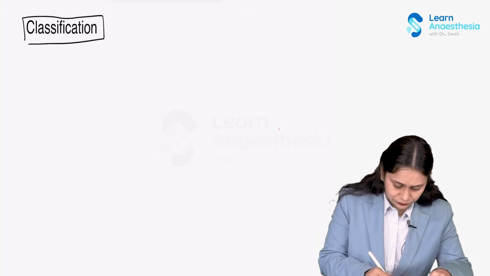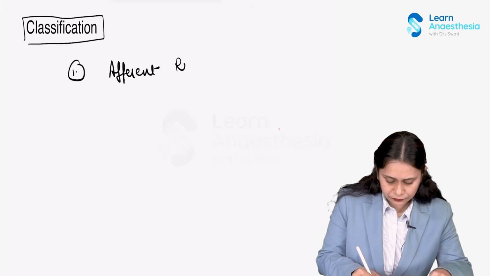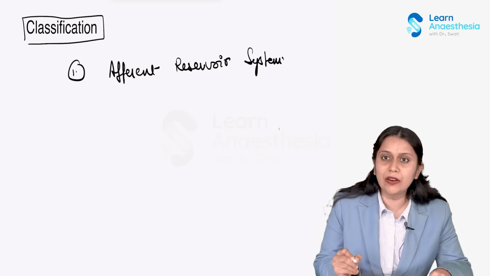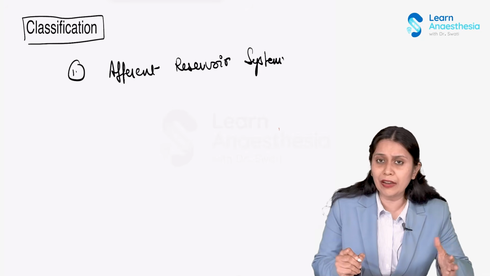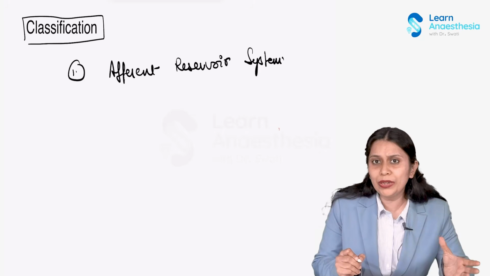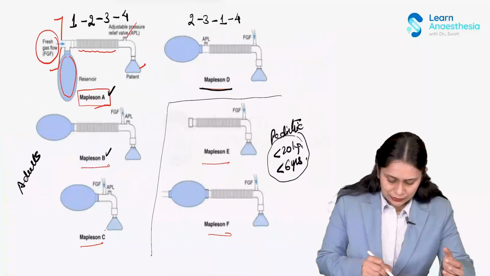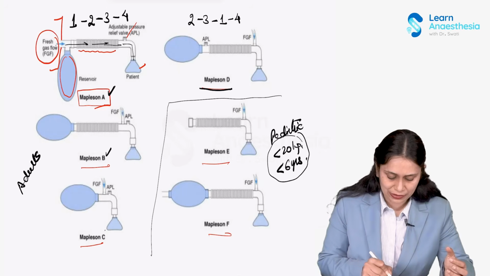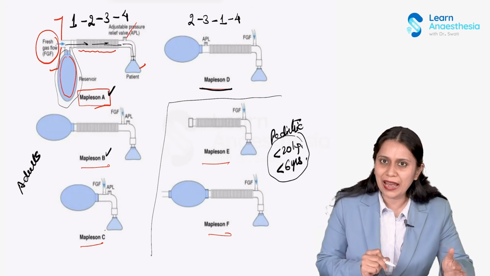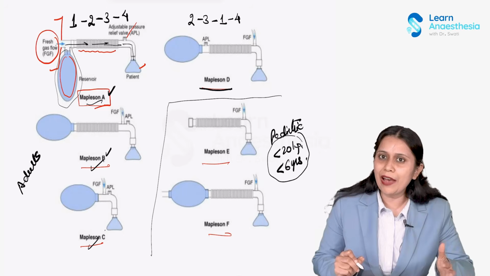The first is your afferent reservoir system. Now, in this, the reservoir bag is present in the afferent limb of the circuit. Afferent limb means that limb which brings the inspiratory gas towards the patient, right? That is, if you see the diagram, this is the limb which is bringing the inspiratory gas from the machine into the patient, and this has the bag attached to it. So this is the afferent reservoir system. So A, B and C, they are afferent reservoir systems.